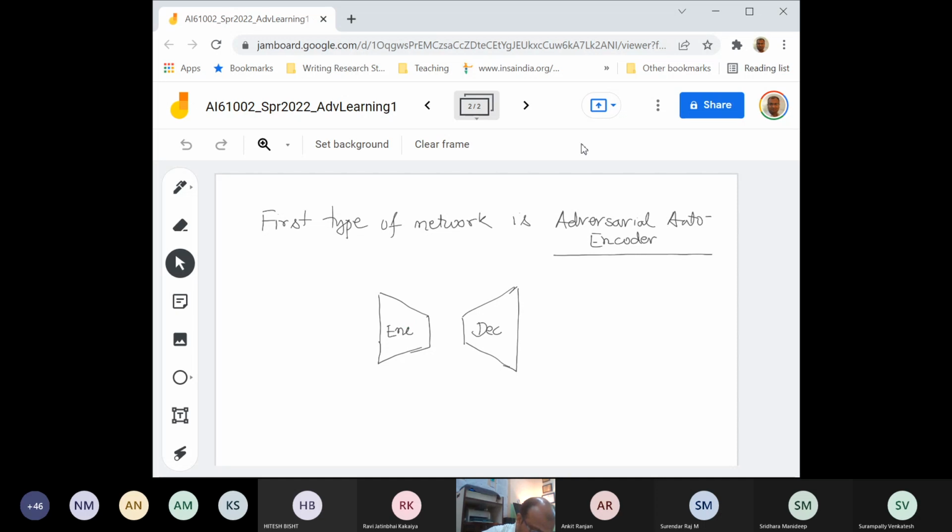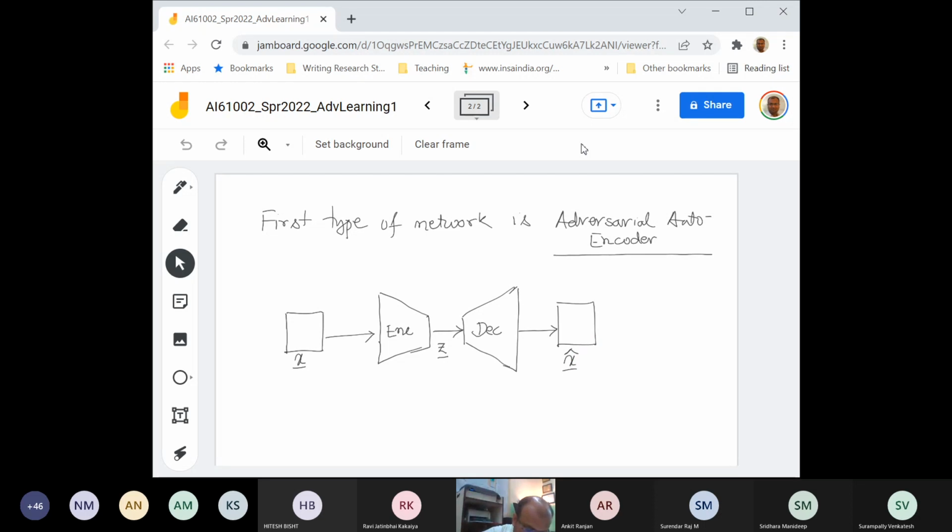The whole purpose is that you give an input X to this encoder, some sort of lower dimensional representation gets generated, and then you get an output which is supposed to be a prediction of X.